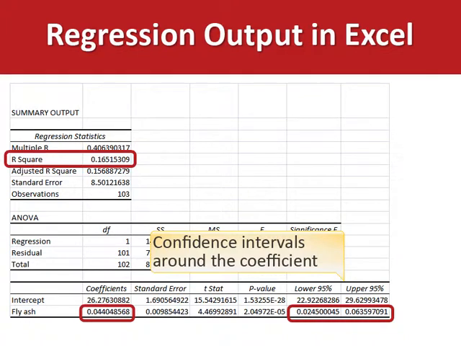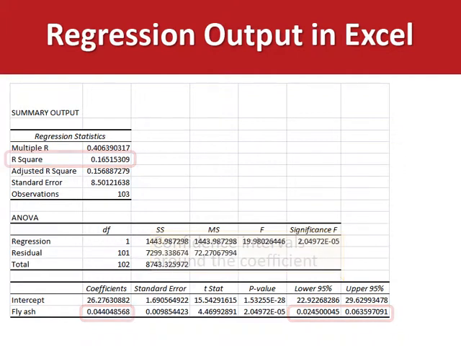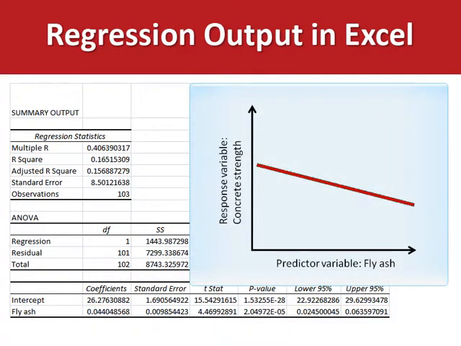Now, in this example, both the coefficients, the lower bound and the upper bound, are positive. But imagine what happens when we get a lower bound that is negative, an upper bound that is positive. What this tells us is that we cannot be sure that the slope is different from zero. Indeed, this is one of the most intuitive interpretations of the p-value provided here in the table of coefficients.